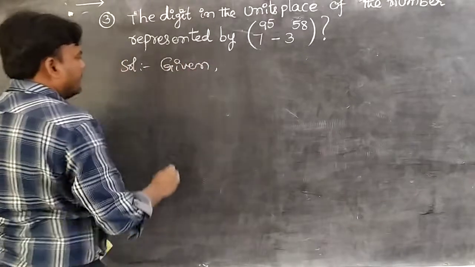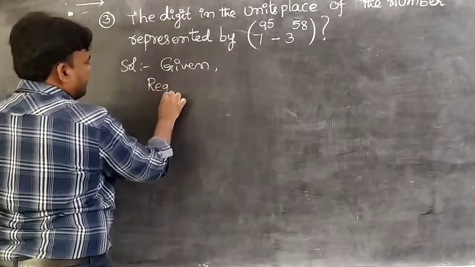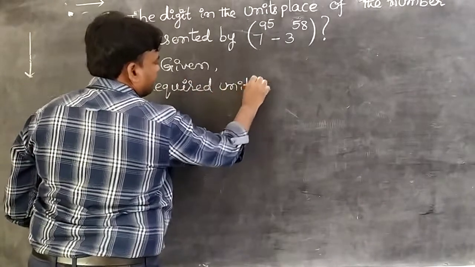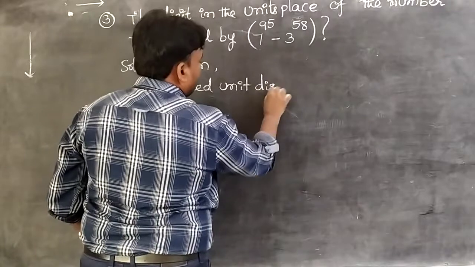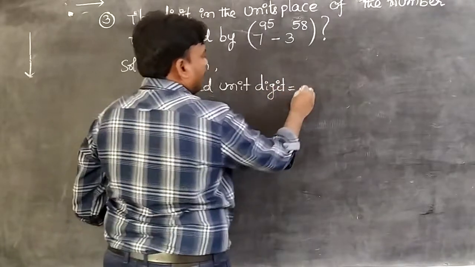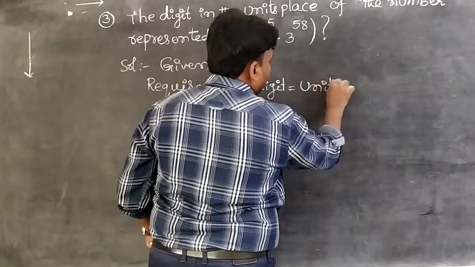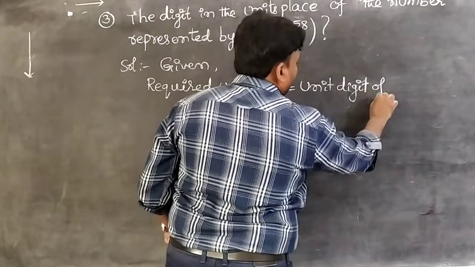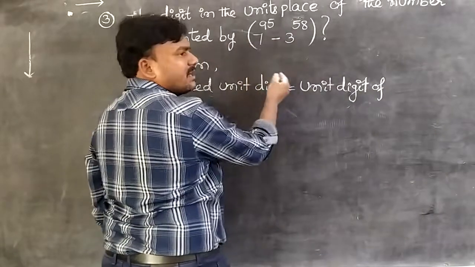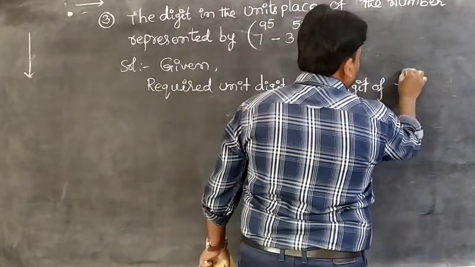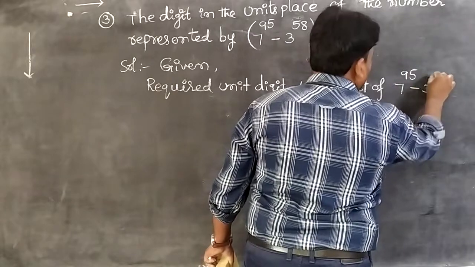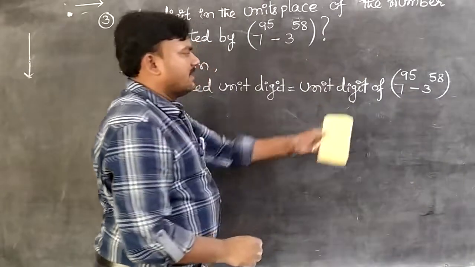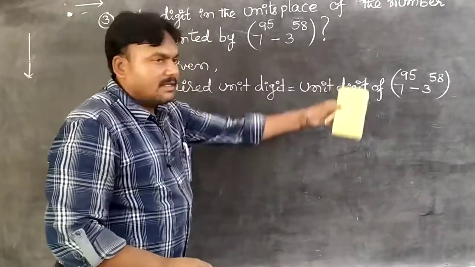Required unit digit equal to unit digit of 7 power 95 minus 3 power 58, students. Then we find the 7 power 95 unit digit and then the remaining.